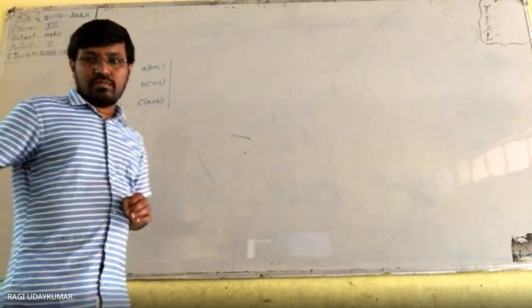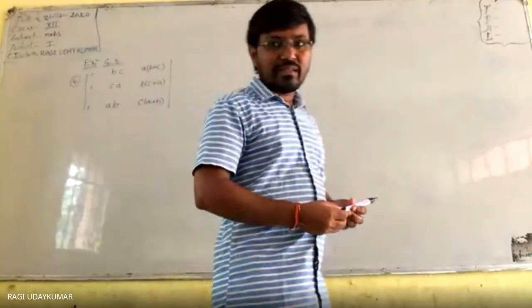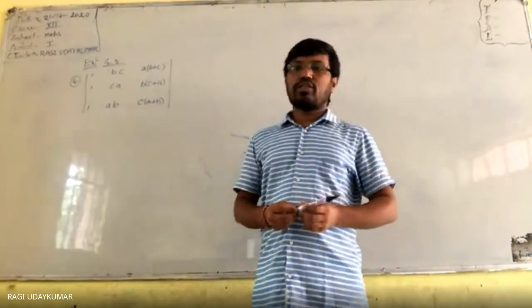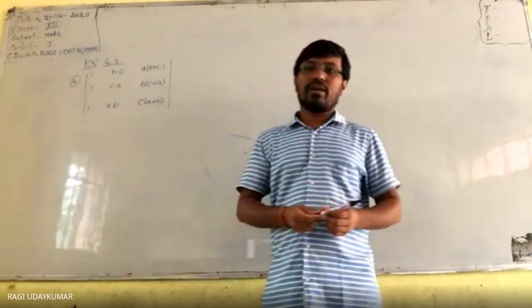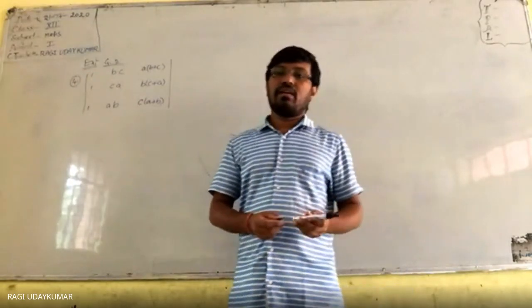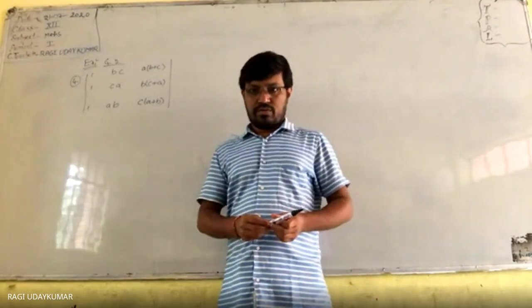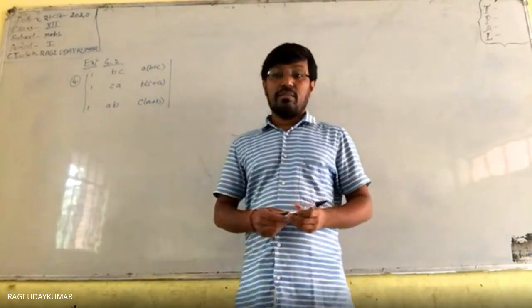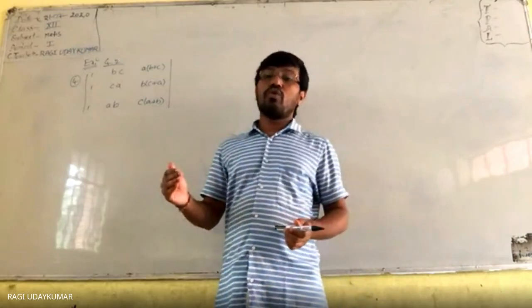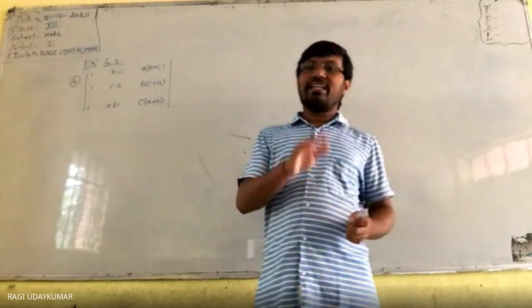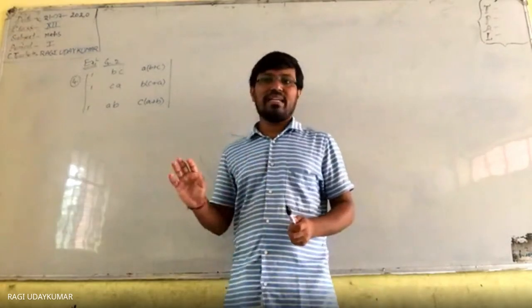So by the properties of determinants, you can subtract the two rows, you can add the two rows, or you can multiply any row by a non-zero constant and add it to another row. So any transformation can be done. But if you multiply any row by a non-zero constant, you should divide it again, because directly you cannot multiply.